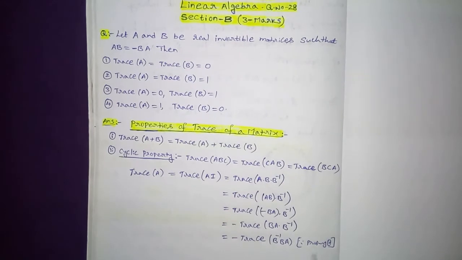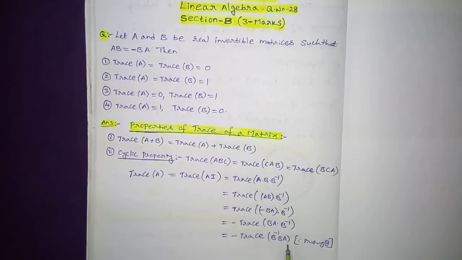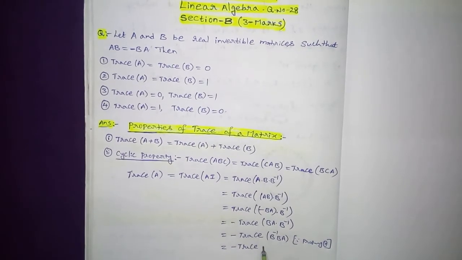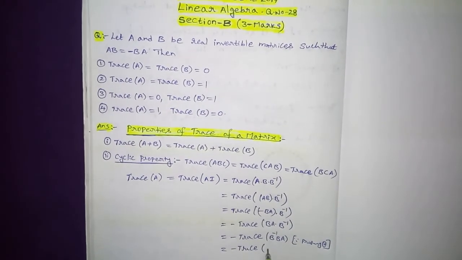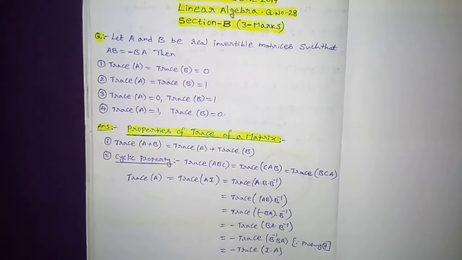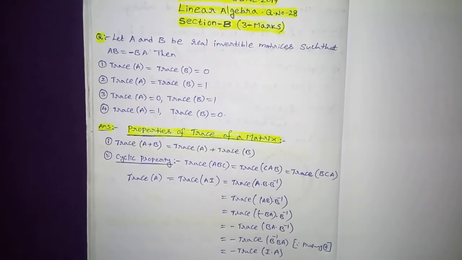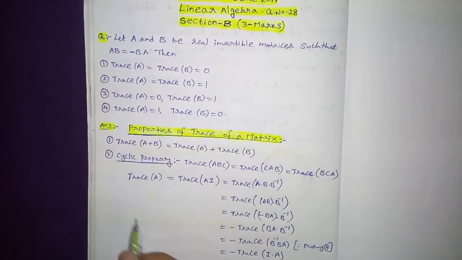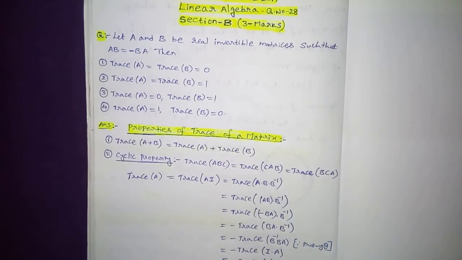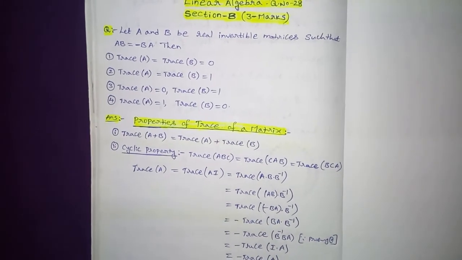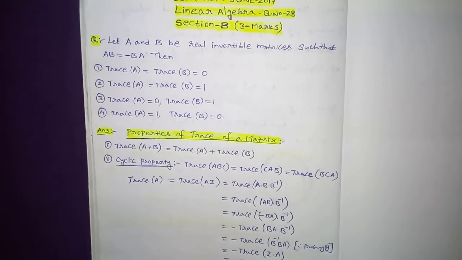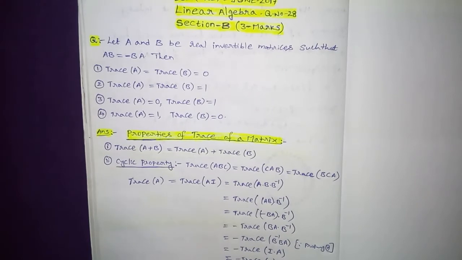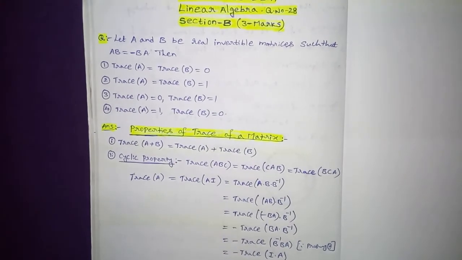So minus trace of B inverse B, which is nothing but identity I, into A. So this gives minus trace of A. So we have trace of A is equal to minus trace of A.